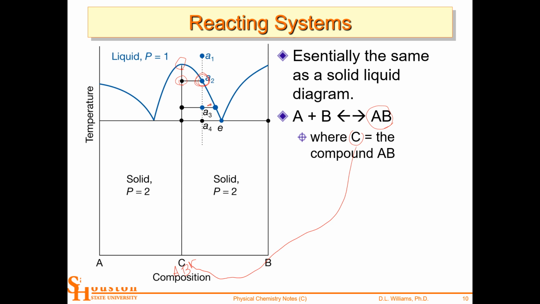And so let me draw this one right here. I'm going to draw this over here. So if we had this in our little microscope, we would see little grains of AB solid forming. And then liquid, so A liquid and B liquid.